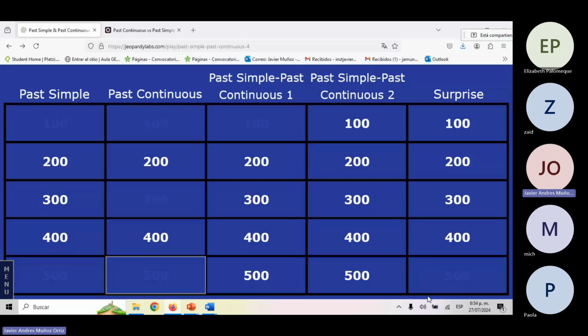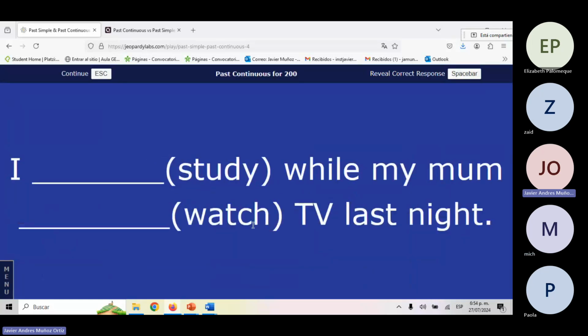Hello? Are you there? Oh, yes, you're typing. Past continuous 200. While my mom, TV last night. I studied while my mom watching TV last night.